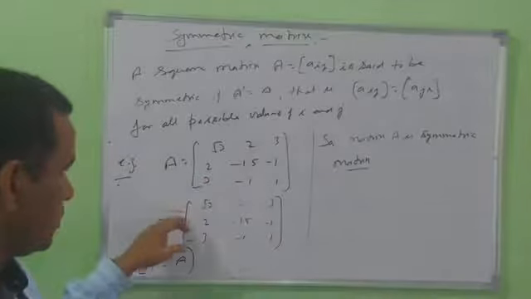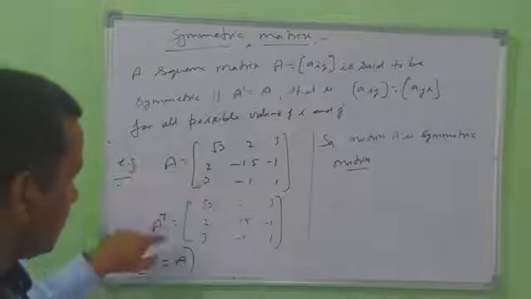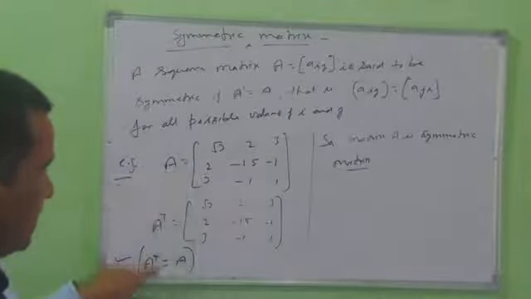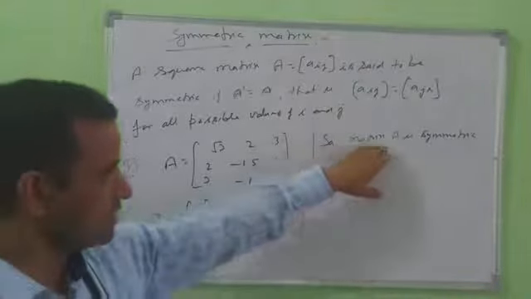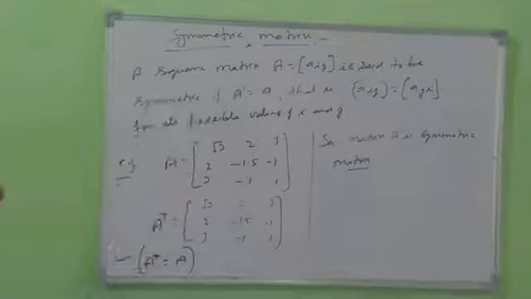So now checking both matrices, A transpose and A are the same. Then you can say matrix A is a symmetric matrix.